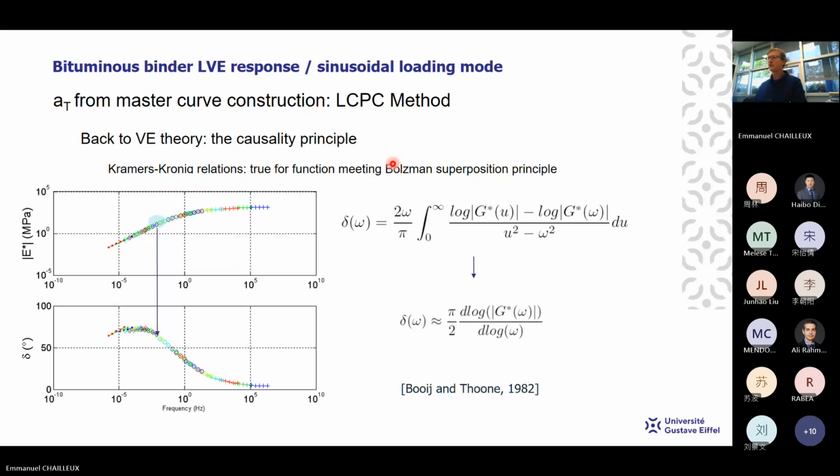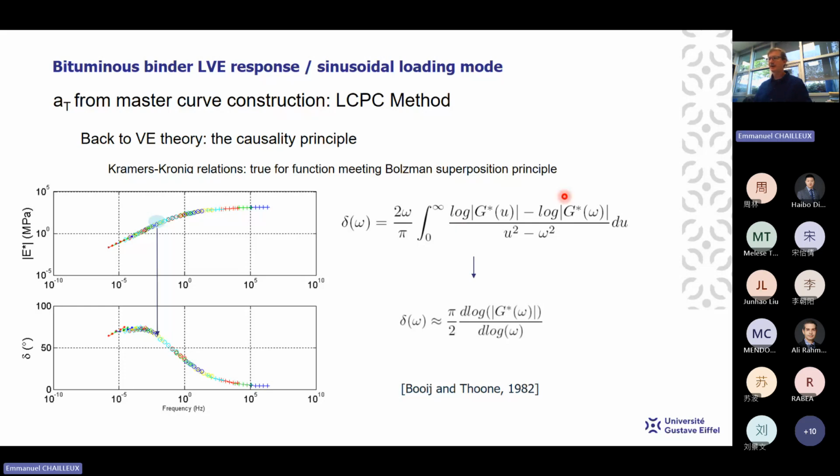So here we have the equation of this Kramers-Kronig relation. We have several types of relations, but it is one of these relations which links the phase angle to the norm of complex modulus and also the frequency.